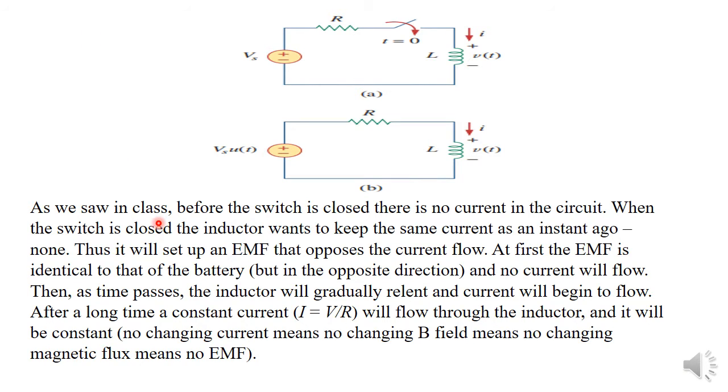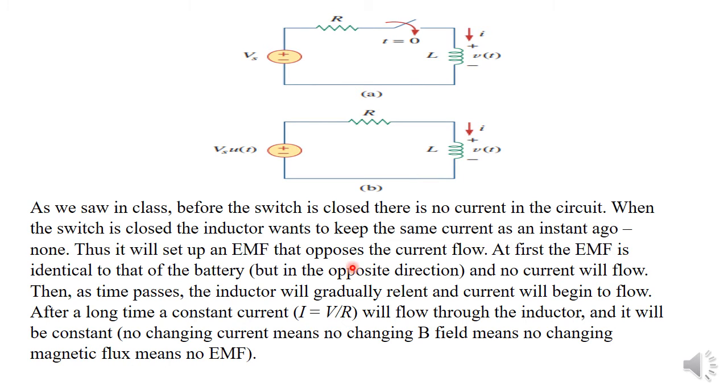As we saw in the class, before the switch is closed, as you can see in figure A, there is no current in the circuit. When the switch is closed, the inductor wants to keep the same current as an instant ago, which is no current flowing. Thus, it will set up an EMF that opposes the current flow.